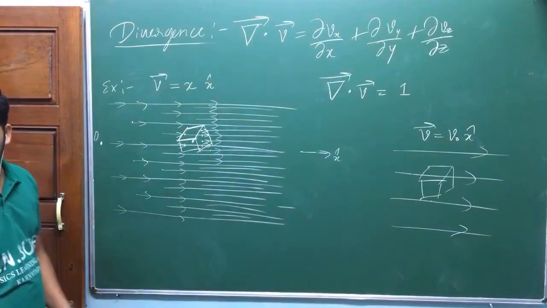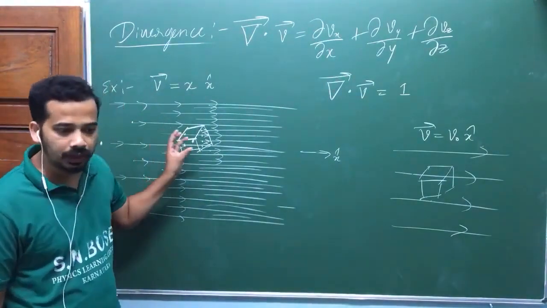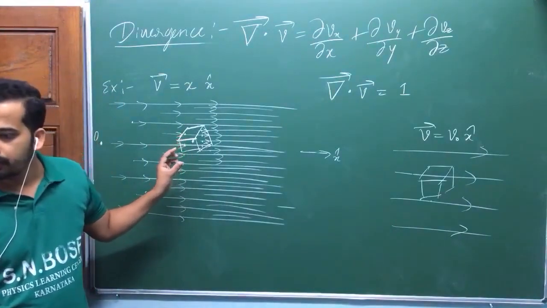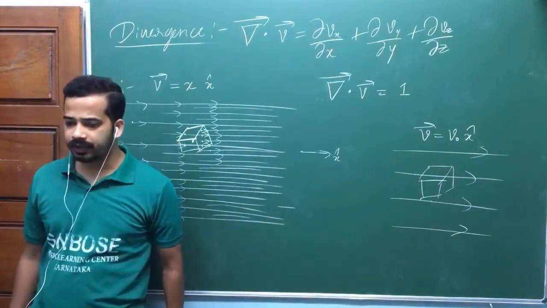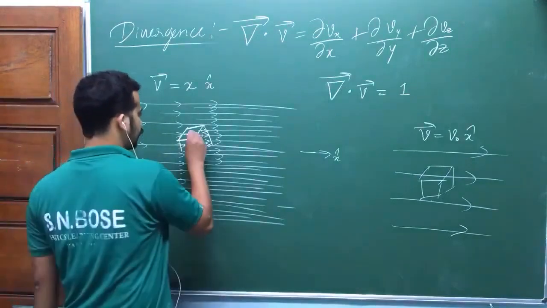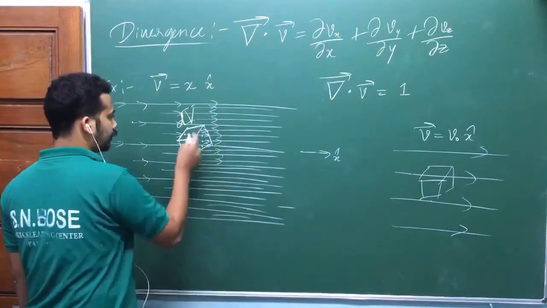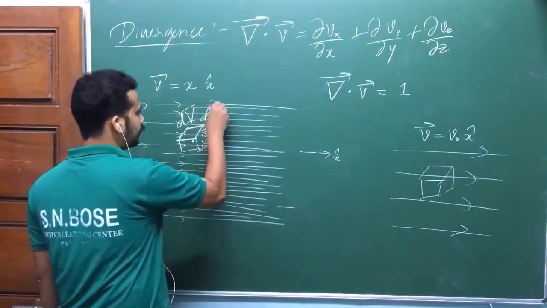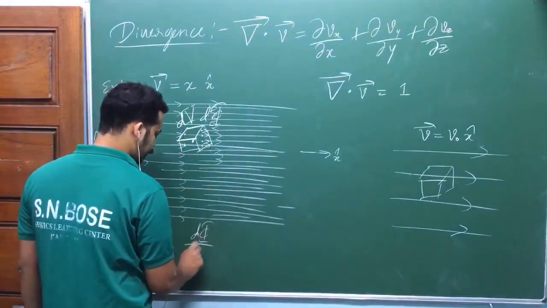Is that okay? This is a representative volume element to measure outward flux density, okay? Volume density of outward flux. So you can write this volume as dV. You can find the net outward flux through that one as d phi. You can take the ratio.